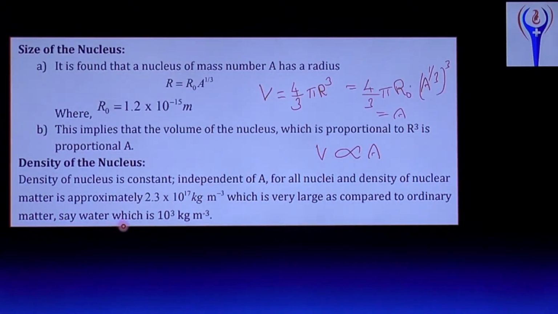For example, the density of water is 1000 kilogram per meter cube. Compare this with nuclear density, which is very high, nearly 10 power 14 times greater. It is the densest matter.